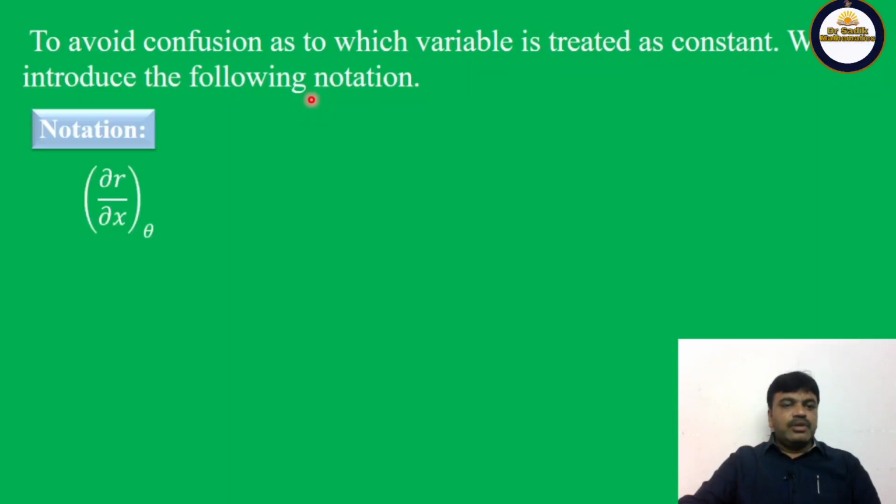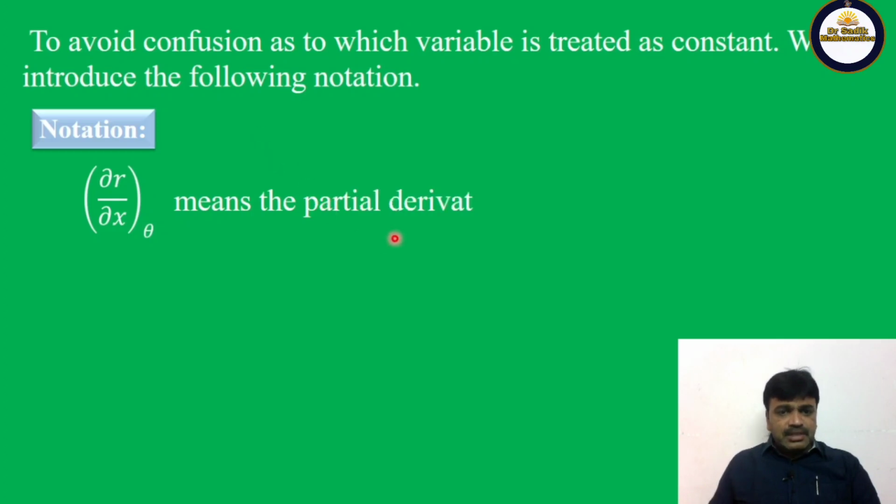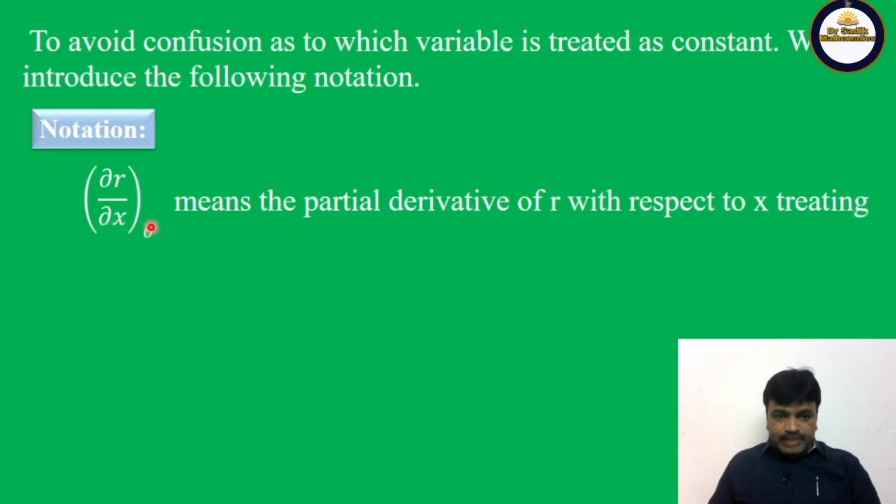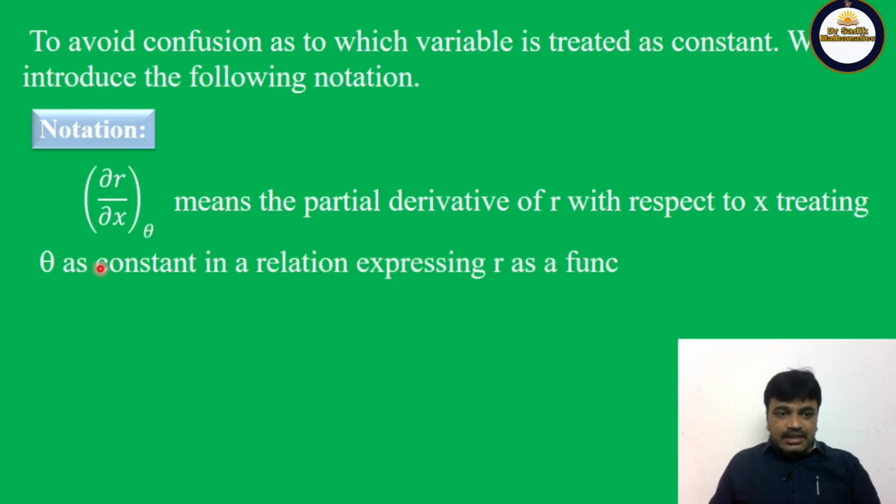Notation: (∂r/∂x) at theta. It means the partial derivative of r with respect to x, treating theta as constant, in the relation expressing r as a function of x and theta.